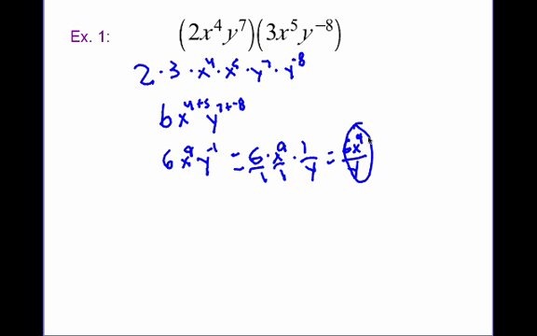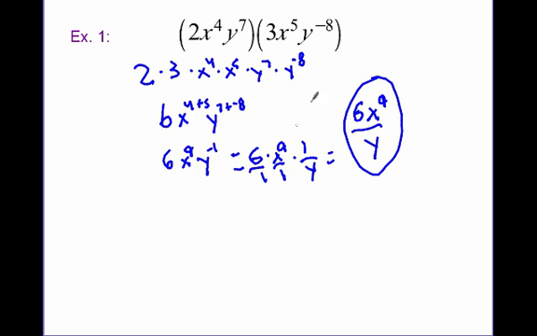Let me write that a little bit bigger and clearer for you. The answer ends up being 6 x to the 9th divided by y. So all we did, we separated out our like terms, we added our exponents, we converted our one negative exponent into 1 over the positive. So that's it. Our answer is just 6x to the 9th divided by y.